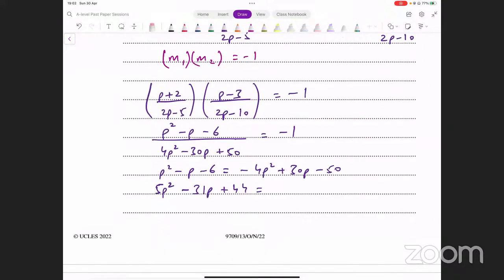अच्छा, let's see if we can factorize this now. इसका factorization कर लें या फिर इसमें quadratic formula use कर लें. That's our choice. 5 into 44. देखते हैं factorize कर सकते हैं. 220 आता है. 220 plus करके हमारे पास कैसे आ सकता है? 25 और 6 try करें. नहीं. 24 and 7. No. 20 and yeah, 20 and 11. That works. So we can write this as 5P squared minus 20P minus 11P plus 44 equals 0.